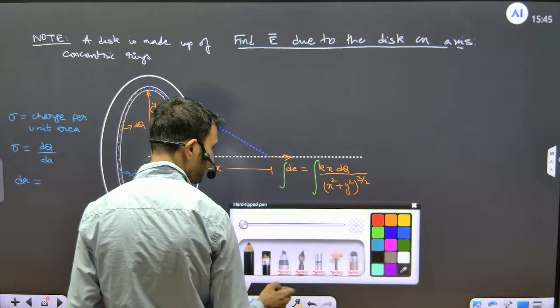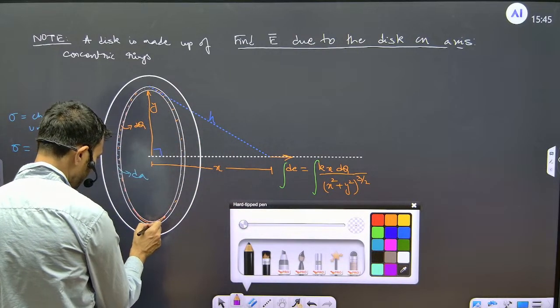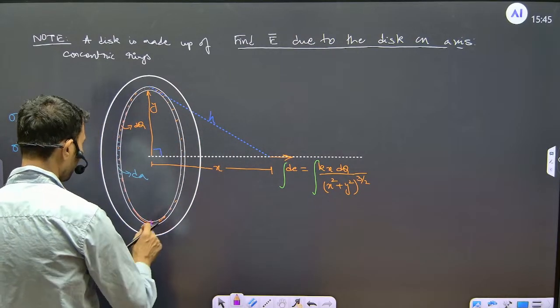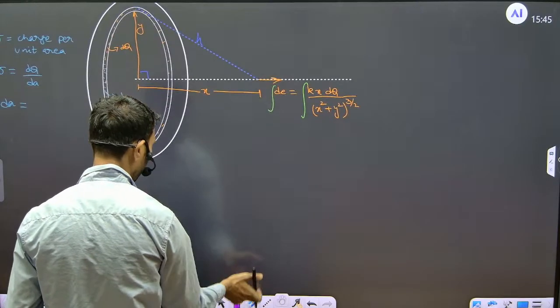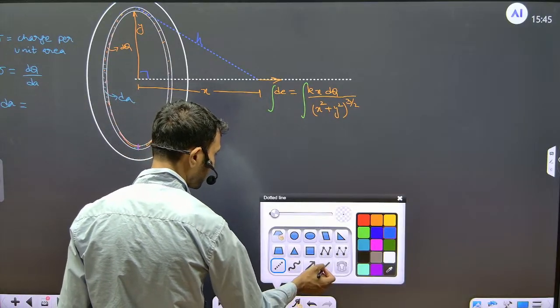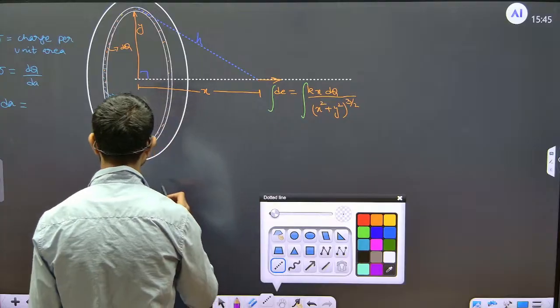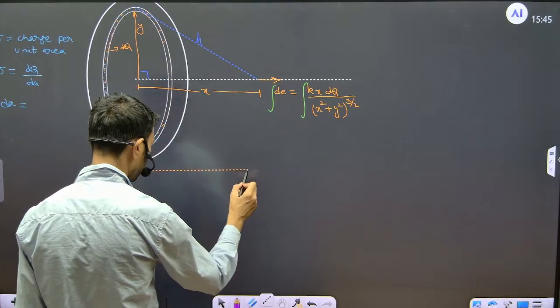For that, we can cut it from here, right? And we can spread this entire ring. So how will it look like if we spread the entire ring? If you spread this entire ring, it will take the shape of a rectangle, right?